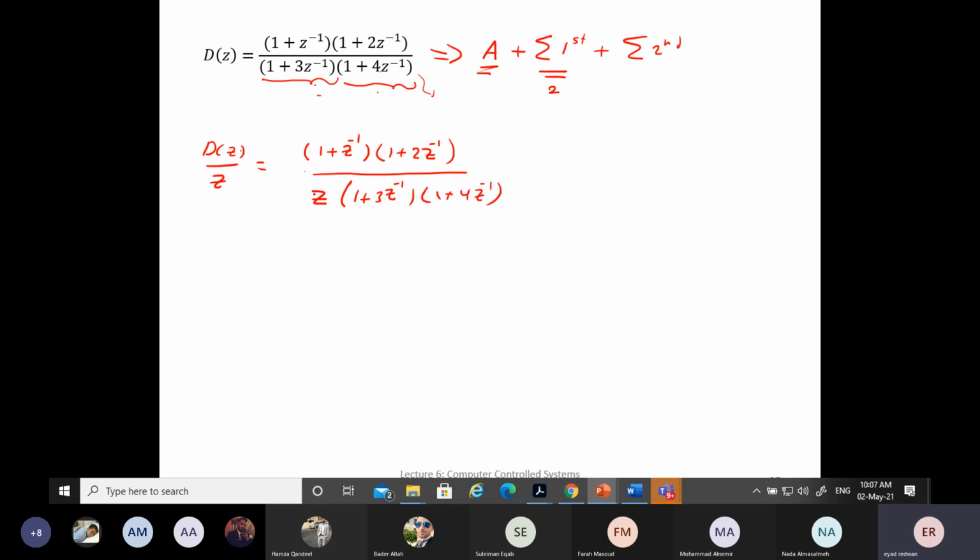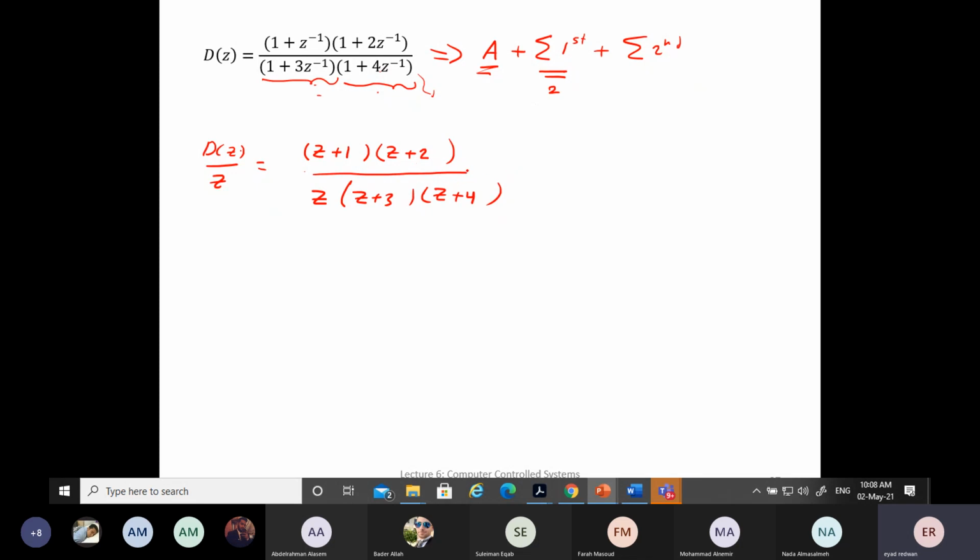Before even this, if I am going to multiply by z here or divide by z, let me convert this into the z notation. In other words, I will multiply by z squared here and z squared here. So instead of that, it is going to become z plus 1. This term will become the same thing, z plus 2, and the denominator will become z plus 3, and this denominator will become z plus 4. So this is my d of z in terms of z, not z to power minus 1.